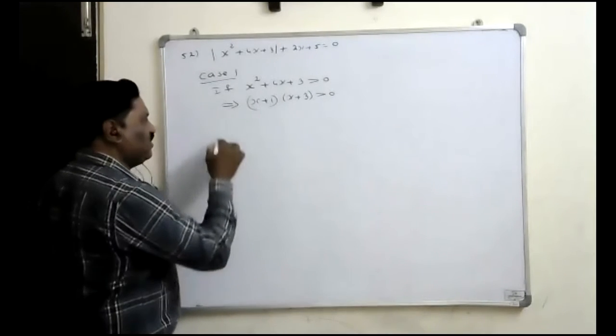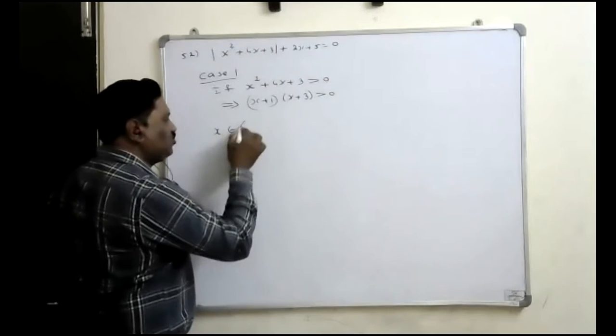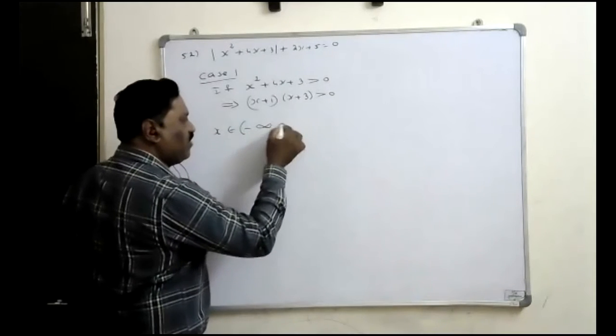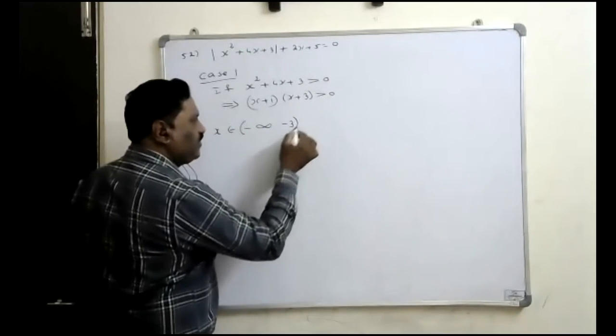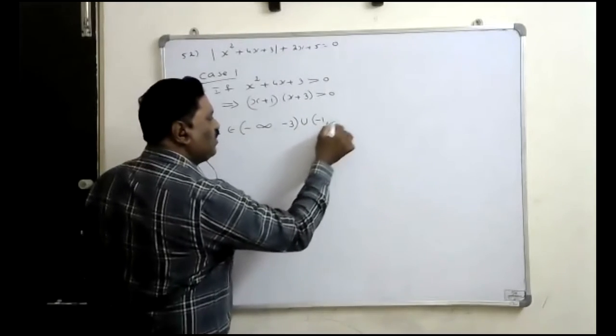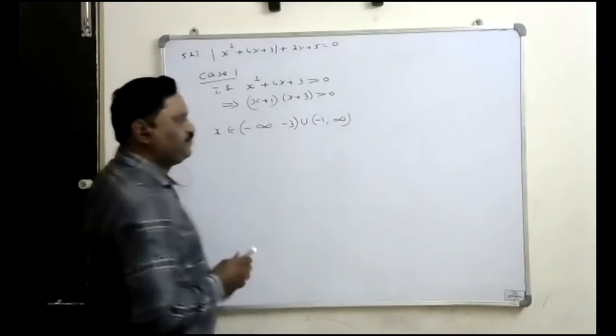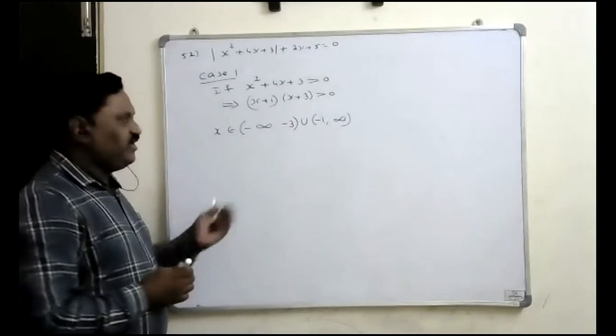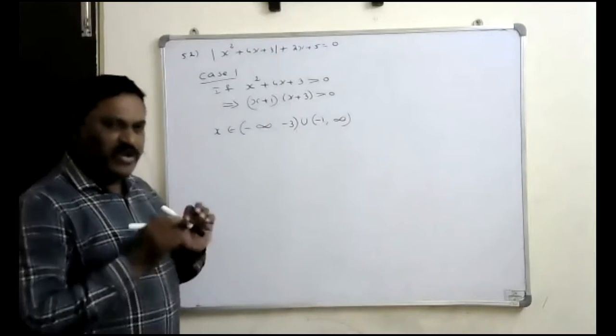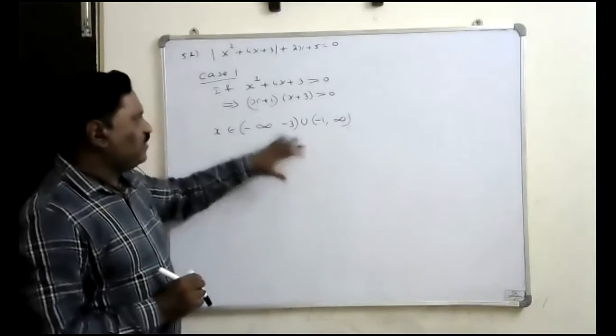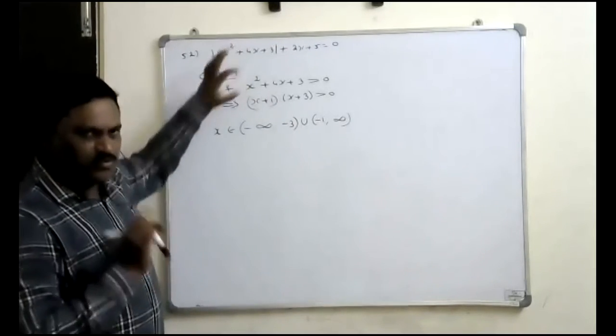So x belongs to minus infinity to minus 3, or minus 1 to infinity. That means x is either smaller than minus 3 or bigger than minus 1. For all these values of x, this expression is positive.